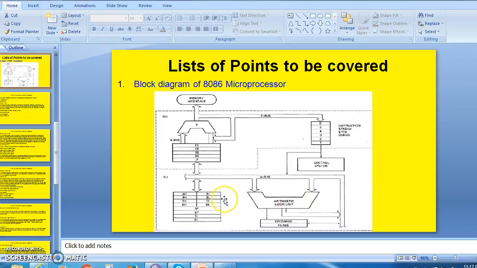So along with this, here we can see the general purpose registers or the data register section. We have 4 16-bit general purpose registers: AX, BX, CX, and then DX.